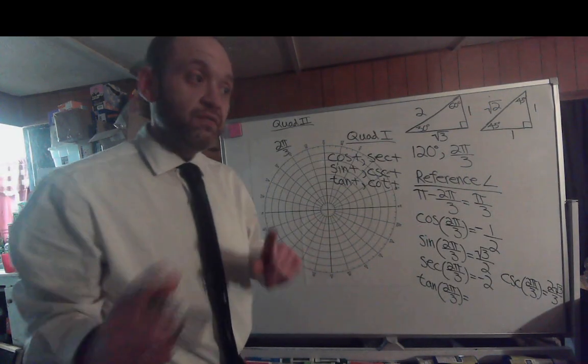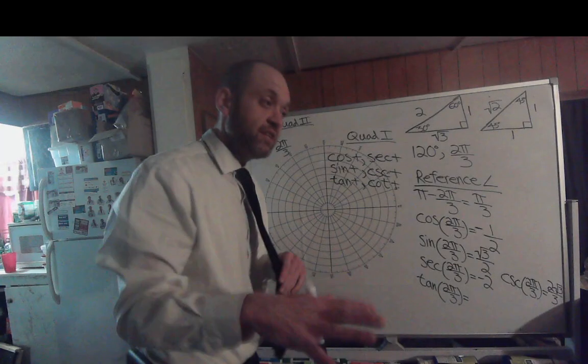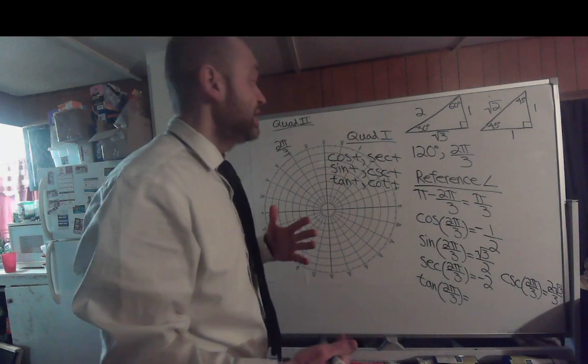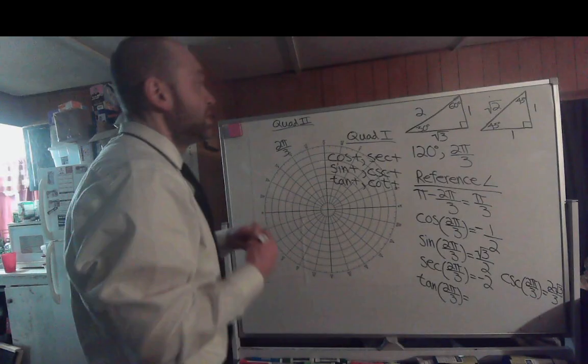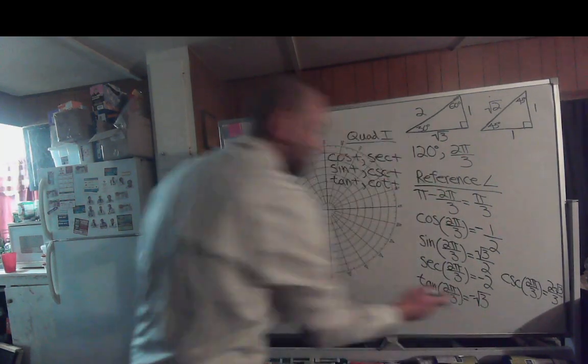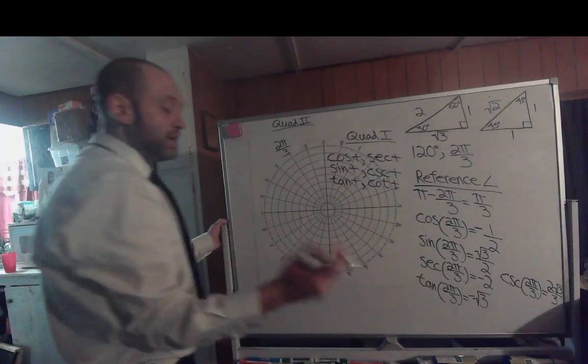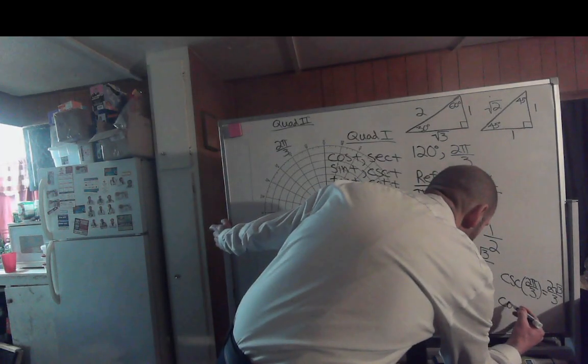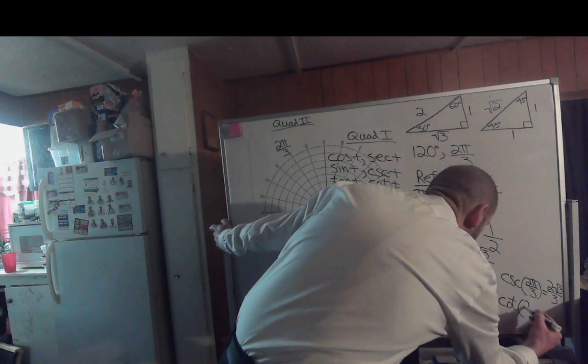You get a negative every time, right? If you divide a positive by a negative, you're going to get a negative. So in this case, it's actually going to be negative of the square root of 3 is what you'll get for the tangent. Now what about the cotangent of 2 pi over 3?